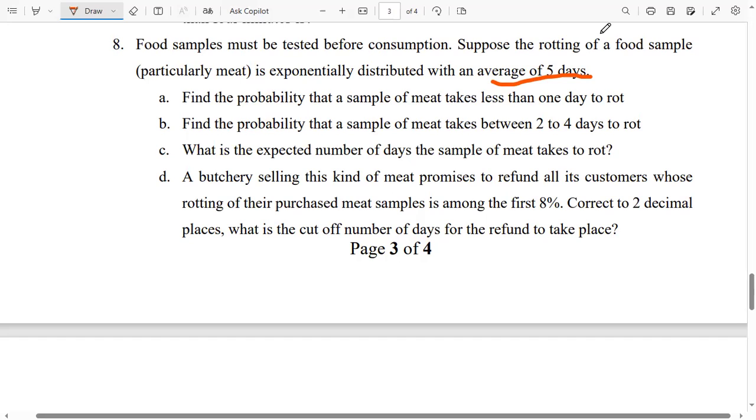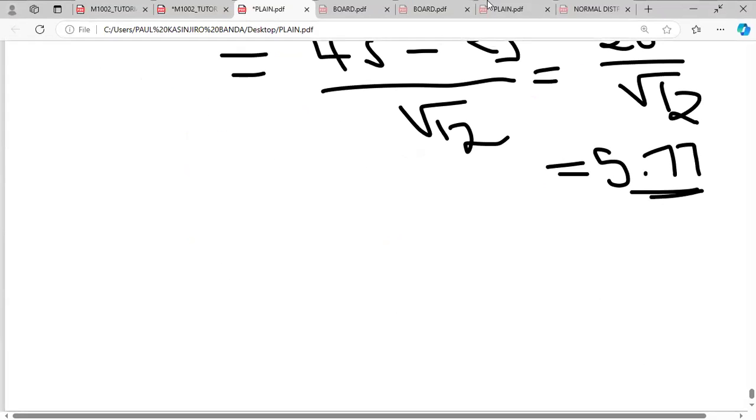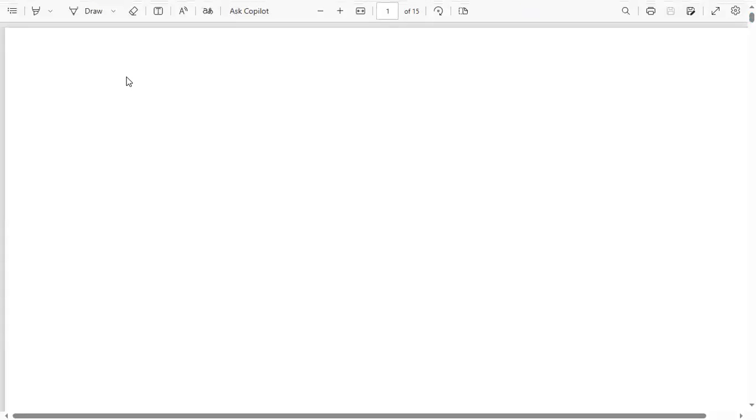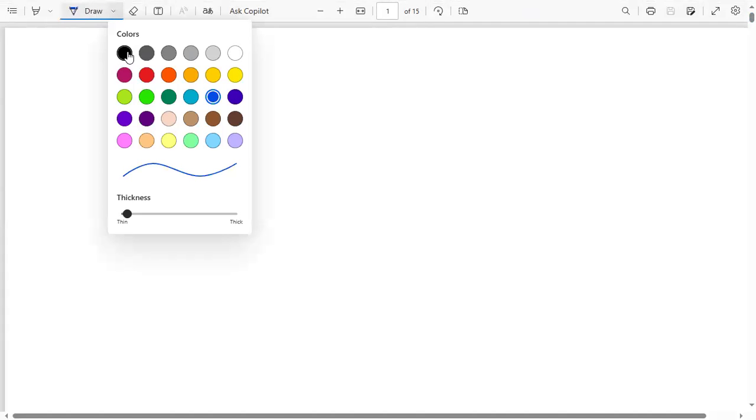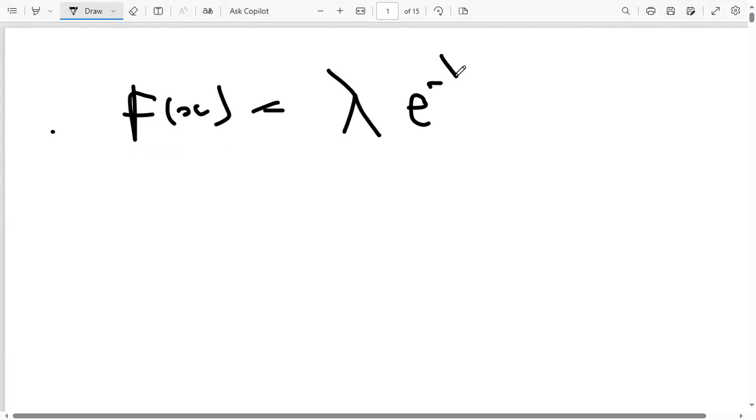So let's find it. When you're dealing with an exponential distribution, we have to know that the PDF is given by f of x is equal to lambda e to the power minus lambda x, where x is greater than or equal to 0.